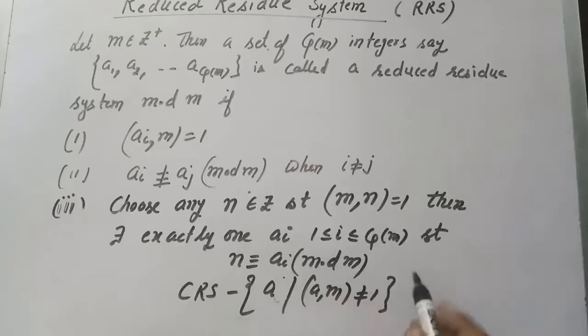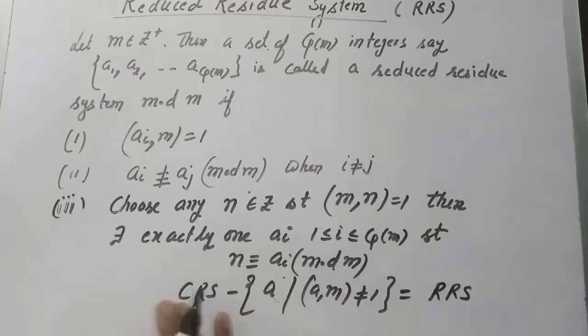Then the remaining set is a reduced residue system. It means a complete residue system can be converted into a reduced residue system. That's why it is called reduced residue system, because it is obtained from the complete residue system by reduction. Okay, so this is the concept of a reduced residue system.